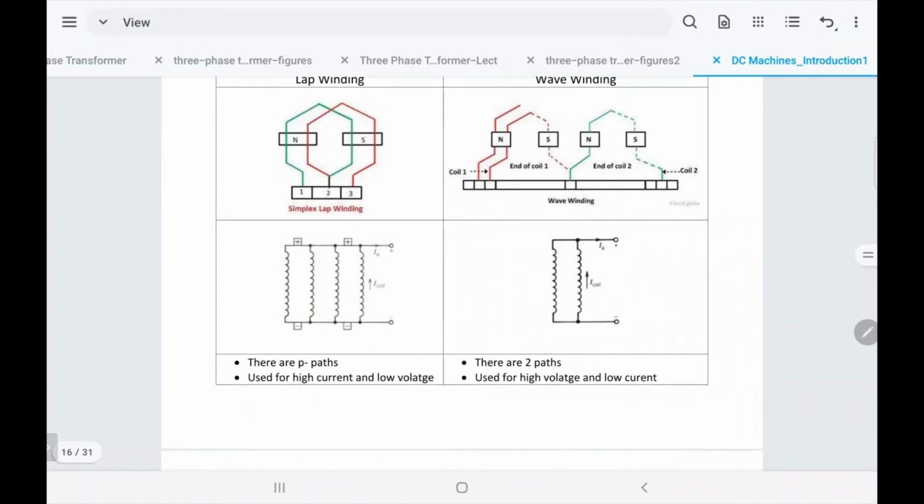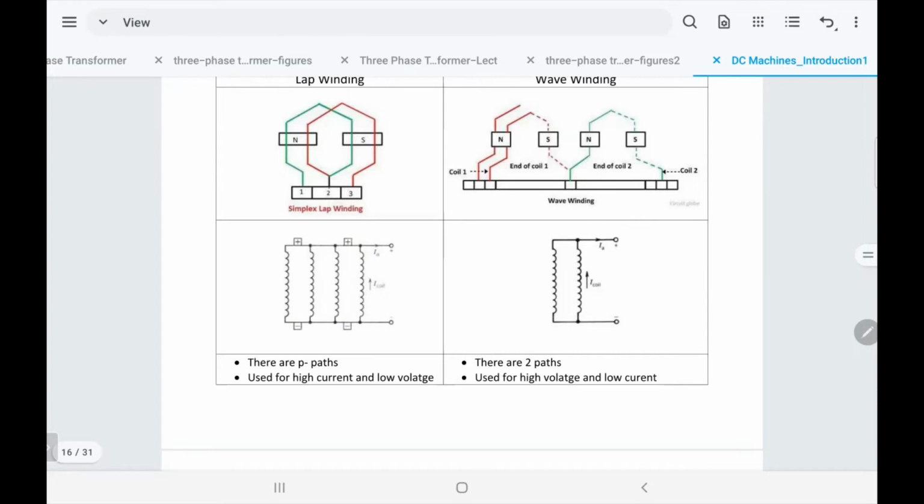If you have 2 poles, you will have 2 parallel paths. What you find here, that's the winding: how they connect the coils in parallel and series. In the end, the number of parallel paths of the winding equals the number of poles. So if you have a 6-pole machine, you'll have 6 parallel paths.